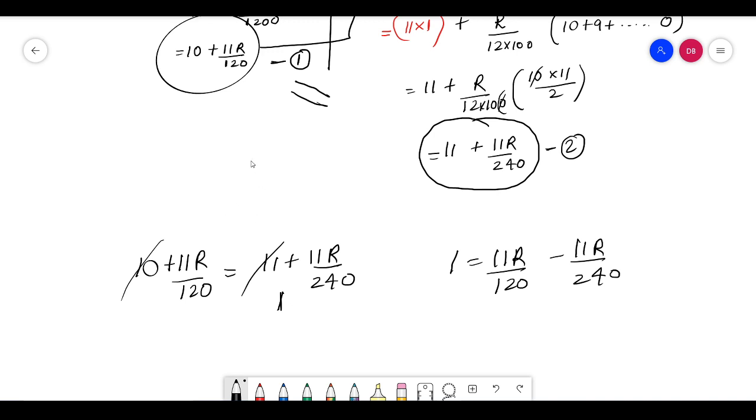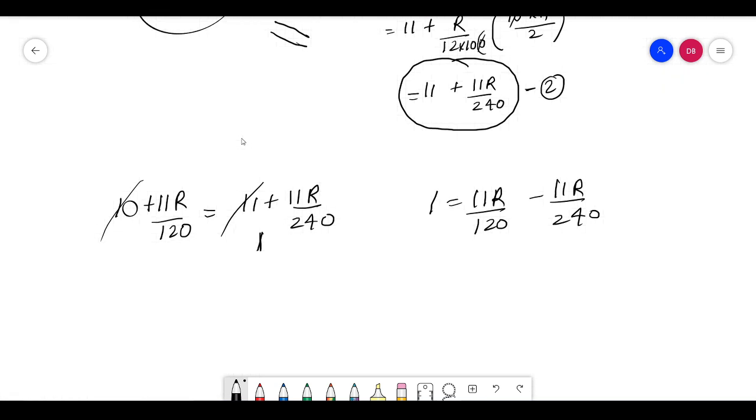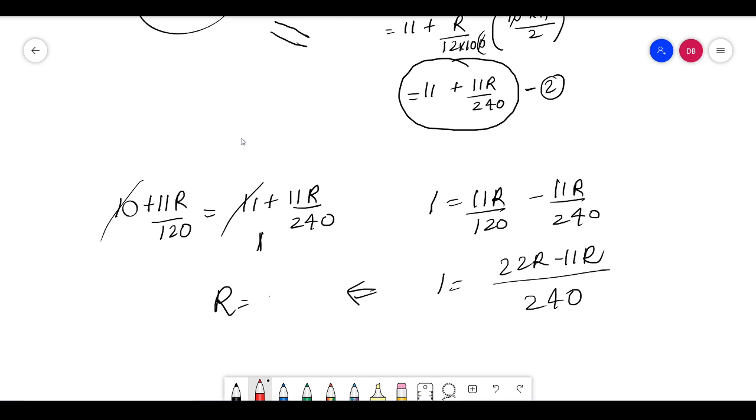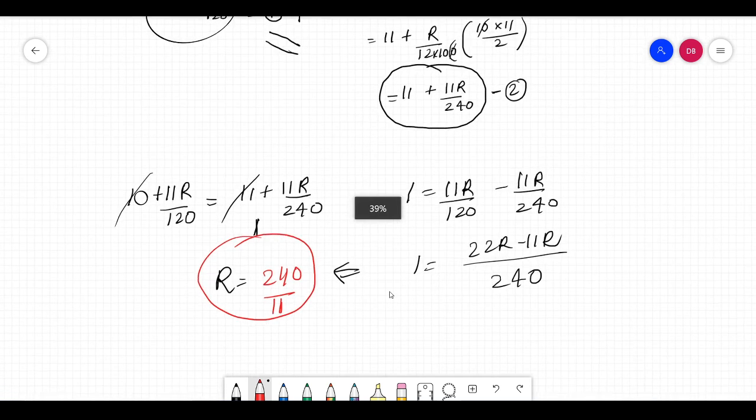Are you clear with this? Amazing. So when you have this equation, 1 is equal to, we have 240 as common, right? So 2 is 22r minus 11r, isn't it? Now r is going to be 240 by 11.